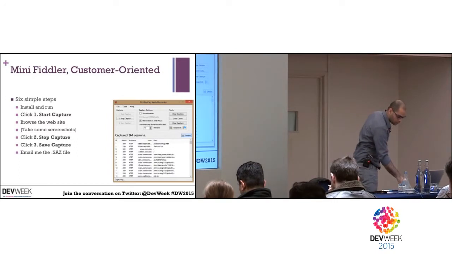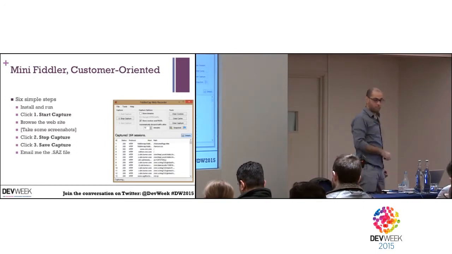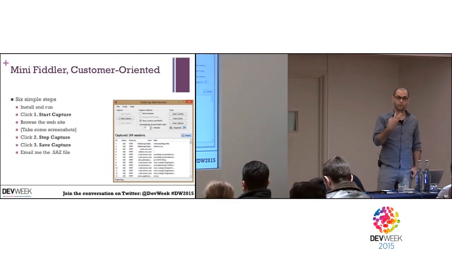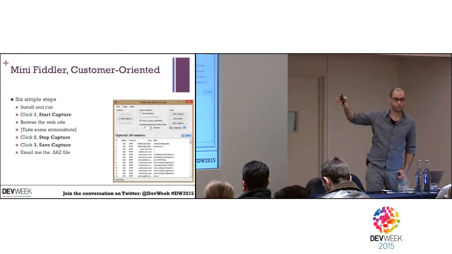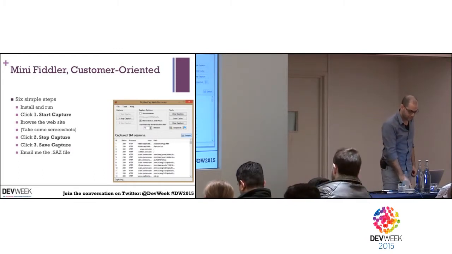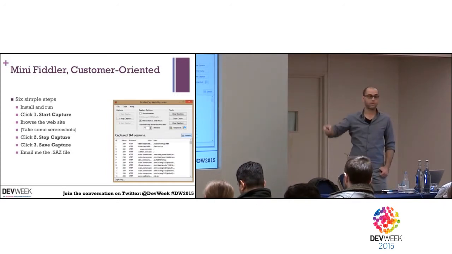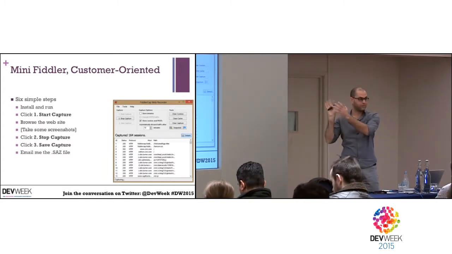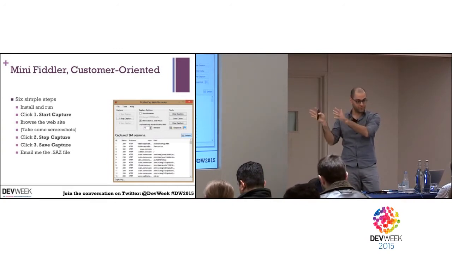Okay, let's put it here for the recording. Click Stop Capture. Click Save. They should offer some usability improvement to do 3 and 2 together: stop and save. I mean, why would it stop if not to save? And ask your end user to email the SAZ file to you. It's the same SAZ file as you get with Fiddler, and that's a whole lot nicer than using Fiddler, at least for an end user.